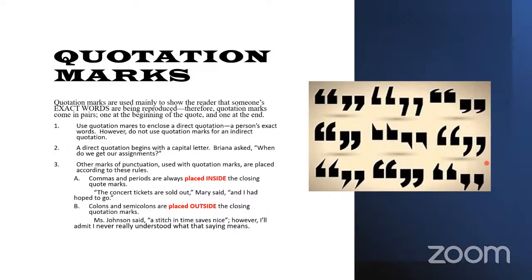As you can see, we have several uses of the quotation marks, but all of them are to cite something that one author said, okay? So we have to take care in that part, please.